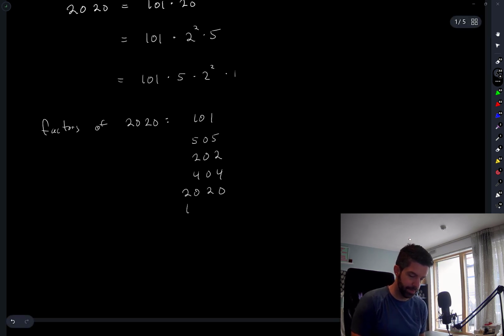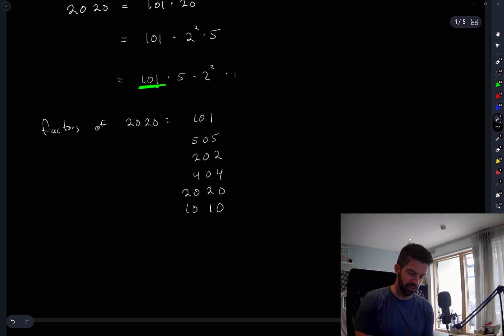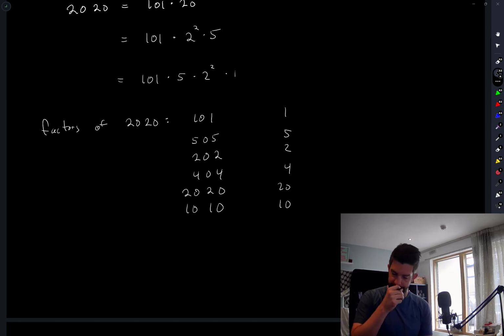Oh, and 1010. These are all the factors that include a multiple of 101. Now let's do all the ones that don't: 1, 5, 2, 4, 20, and 10. Yeah, I think that should be all the factors of 2020.